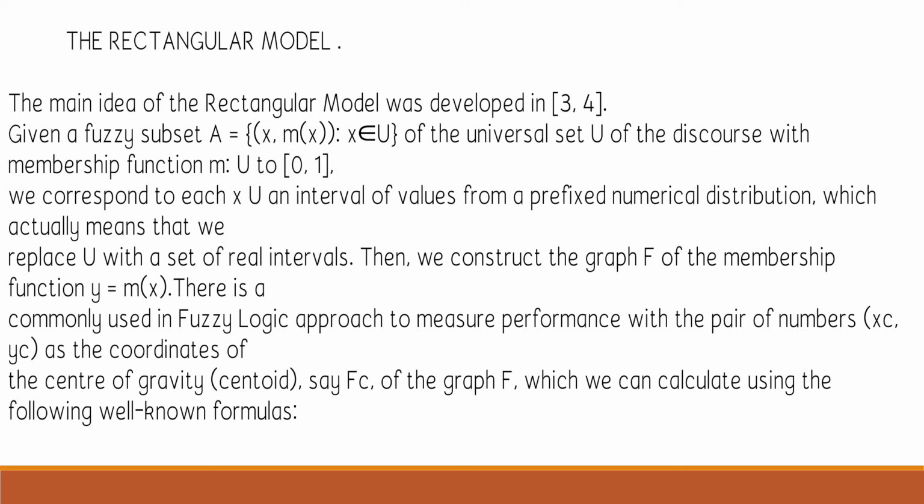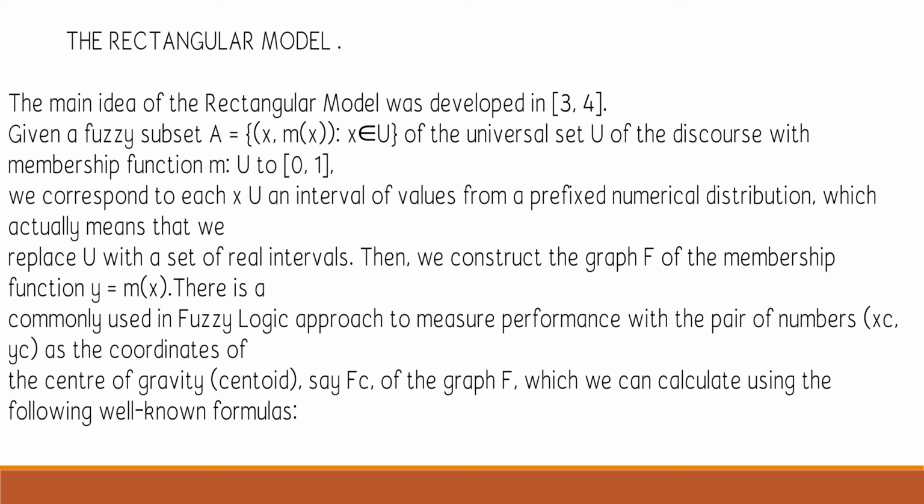We correspond to each x in U an interval of values from a prefixed numerical distribution, which actually means that we replace U with a set of real intervals. Then we construct the graph F of the membership function y equals m(x).